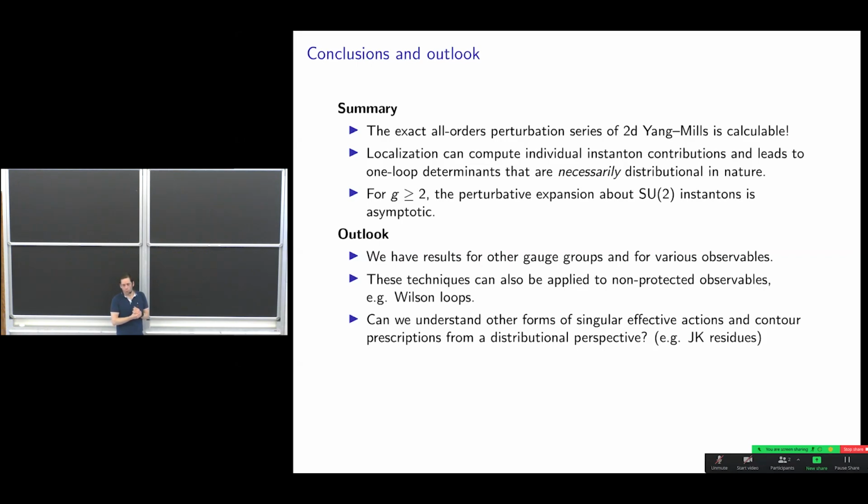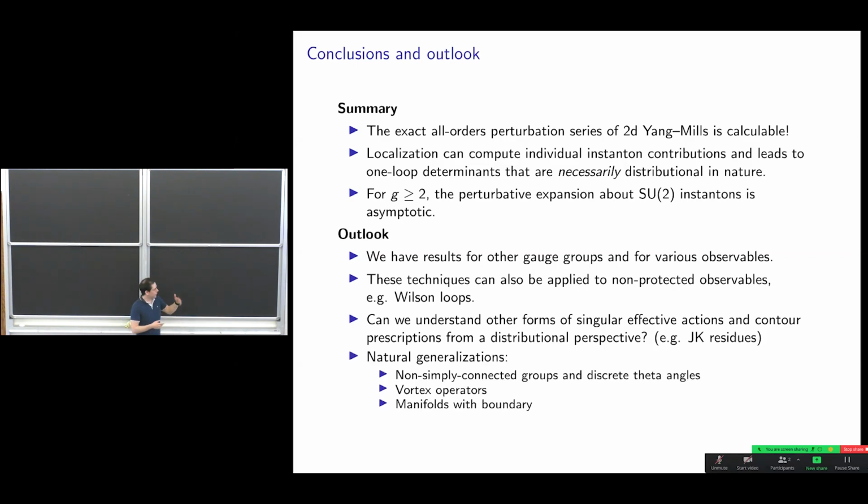Namely, one prominent one is the Jeffrey-Kirwan residue prescription. Perhaps there's a way of understanding this from the point of view of distribution theory. And maybe this can give you a larger set of problems that you can attack in this way. So it would be nice to understand, for instance, the Jeffrey-Kirwan prescription from a distributional perspective.